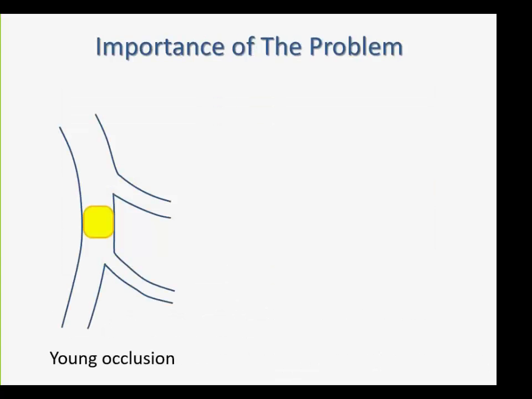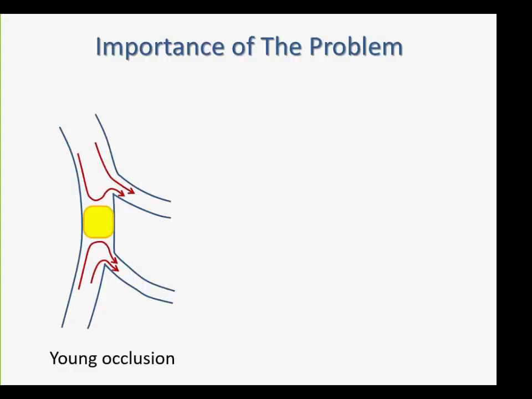Usually, occlusions of a coronary vessel do not start at a branching point of the coronary tree. The high shear stress usually protects the branches from an abrupt occlusion. So this is the typical cartoon of a young occlusion.